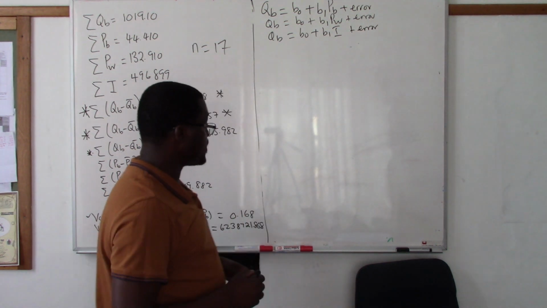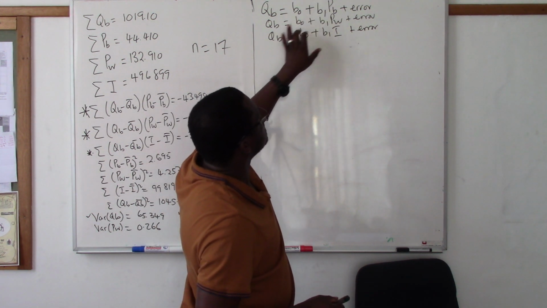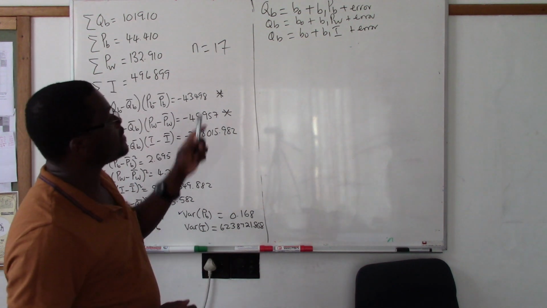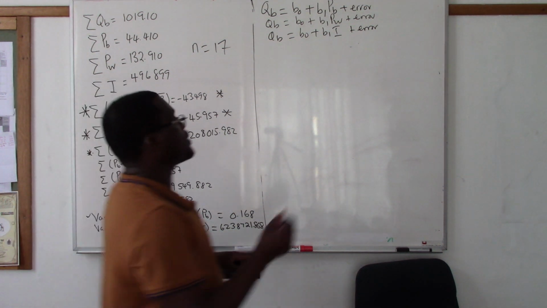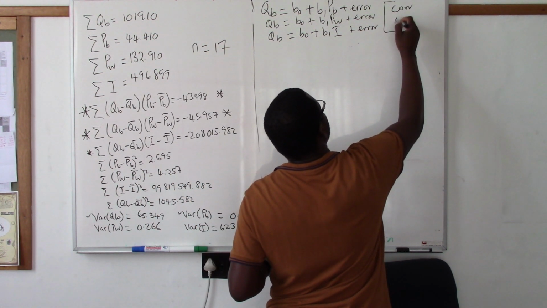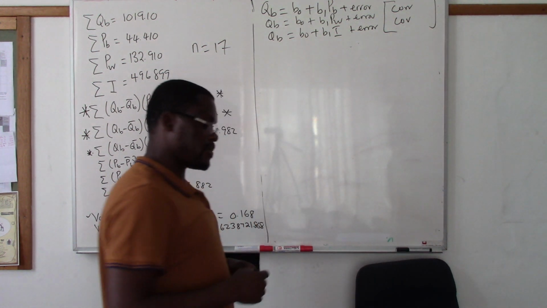So you are to estimate these various coefficients, the intercept and the slope coefficient, using only information you have about correlation or covariance plus any other information you need to be able to do that manipulation.